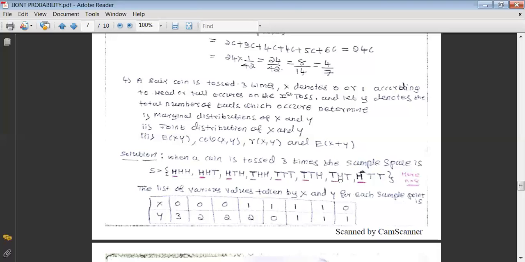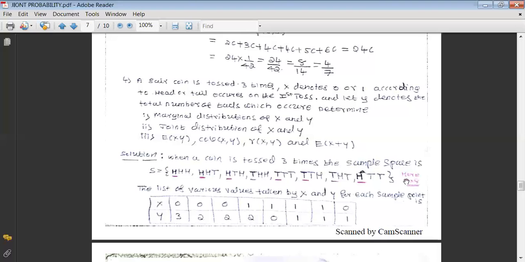First time tail, second time head, third time tail. First time head, and second and third time tail. And therefore this is the sample space we can get when we toss a coin 3 times or 3 coins are tossed at once. In this case, we observe that the sample space consists of 8 possible equally likely outcomes that we have listed here. Here n equals 8.